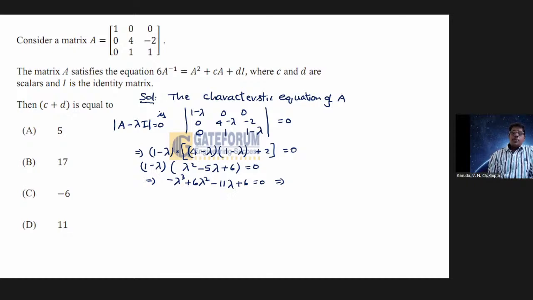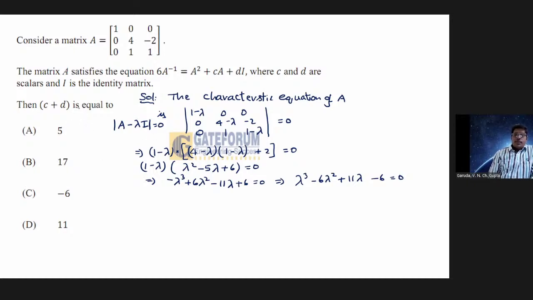So that means multiplying both sides by minus: lambda cube minus 6 lambda square plus 11 lambda minus 6 equals 0. Because we are all habituated in our childhood classes to x square, x cube as the first term. So always keep the coefficient of the highest degree term with a plus sign. If it is required, then multiply both sides by minus.